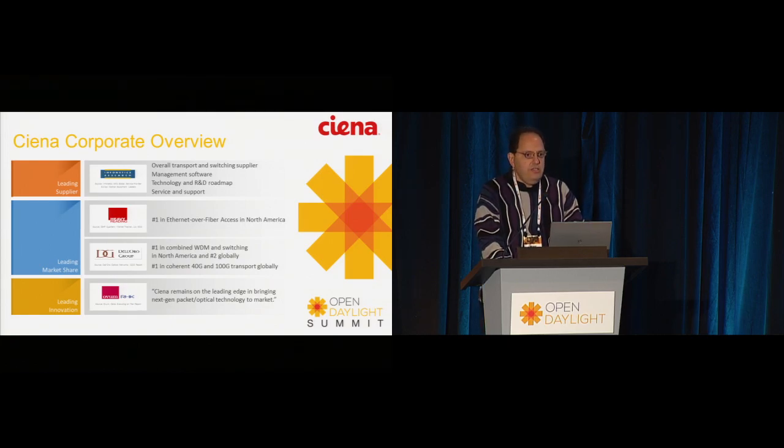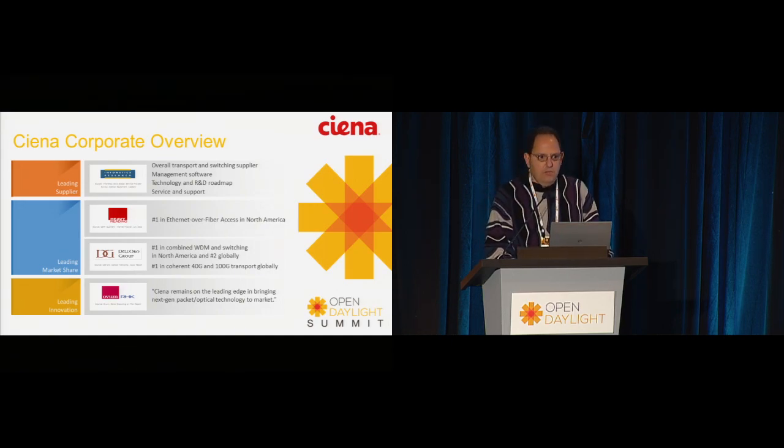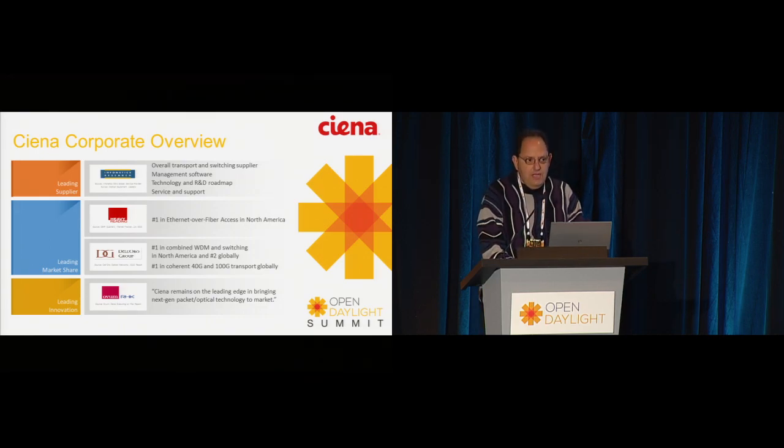Our heritage is in optical technologies. So we're the leading provider of long-haul WDM, or wavelength division multiplex systems, and have had a very significant run more recently to try to serve the bandwidth needs in the 100 gigabit space.